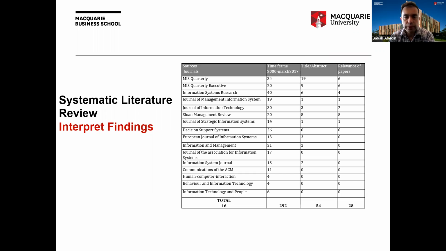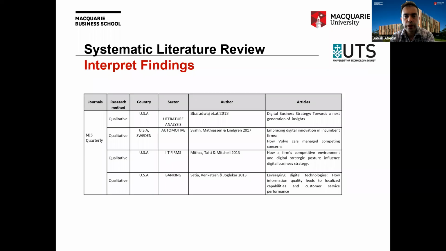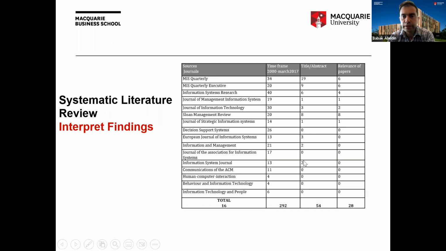So from this point forward, I'm going to interpret my results, and I'm going to demonstrate and share my results by using different tables. As you can see here, there are some interesting findings when you use systematic literature review.